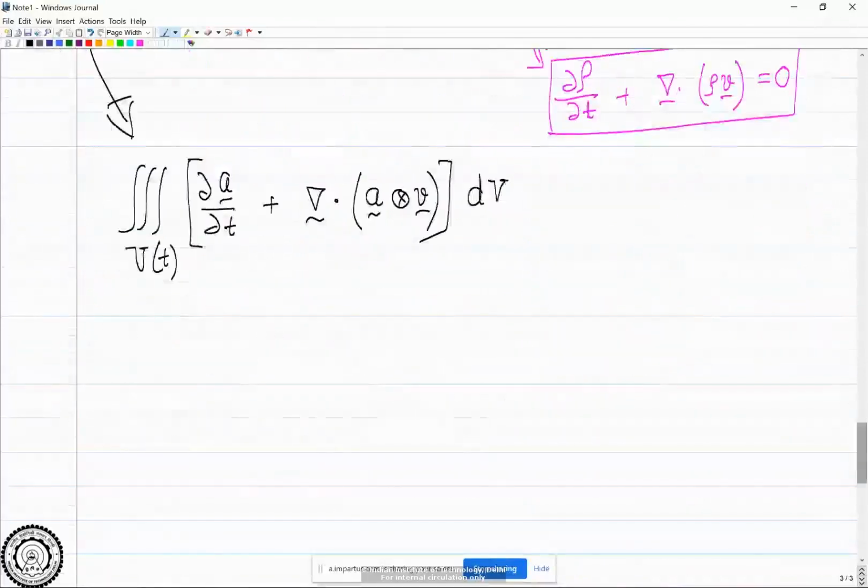And now you have to use the Gauss divergence theorem.